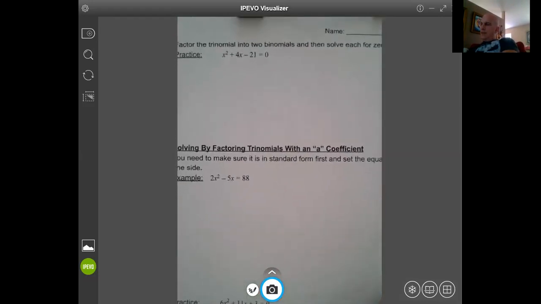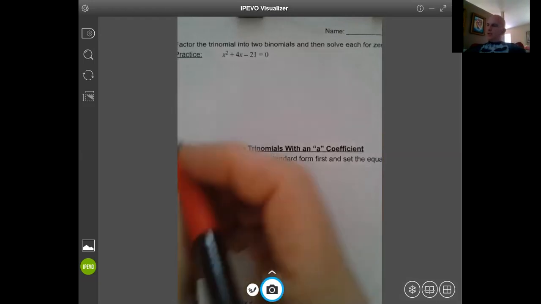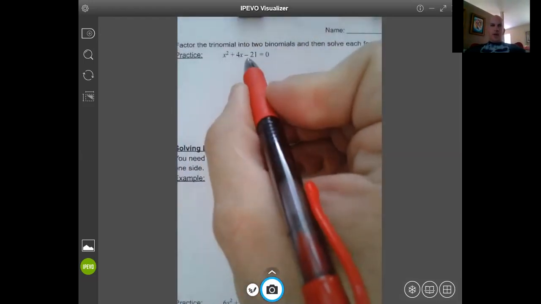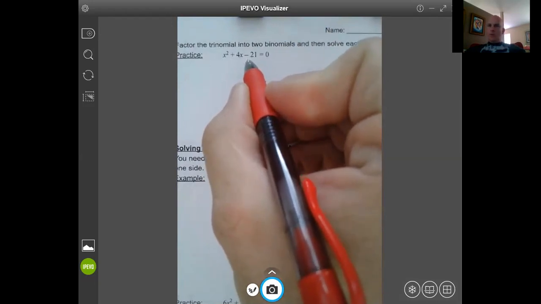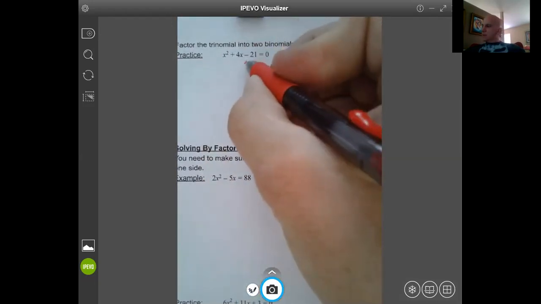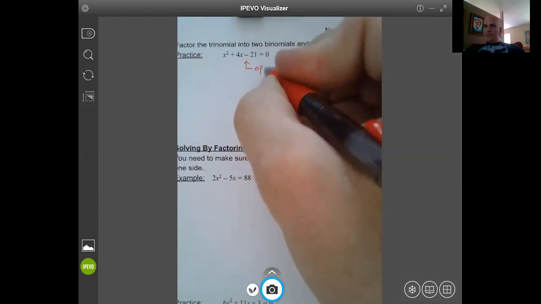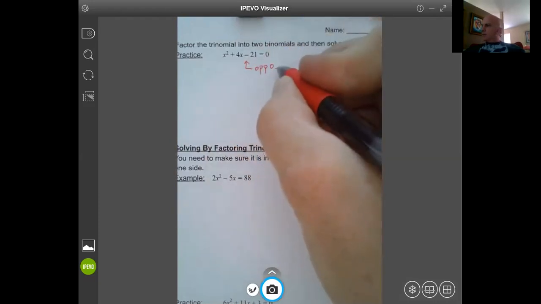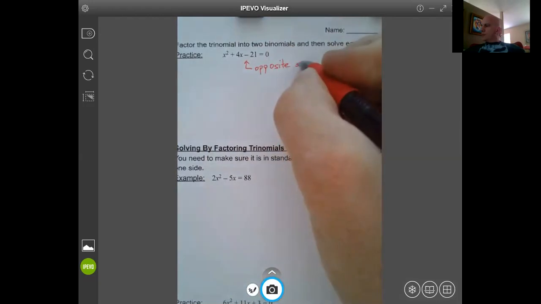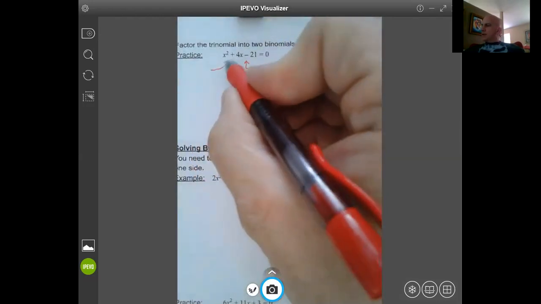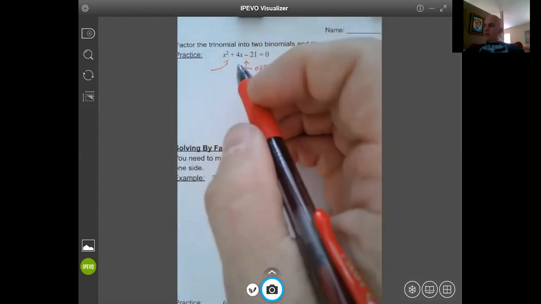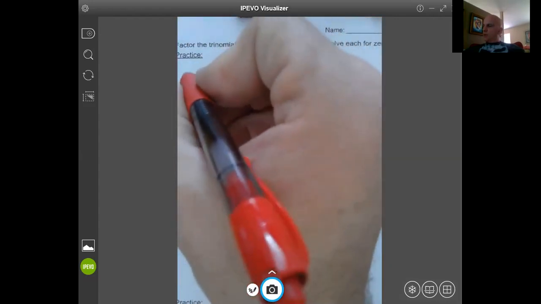For that situation, once again, this sign is a negative. We're looking at the second sign first to tell us what we have. This is going to mean opposite signs. And when we have opposite signs, this sign tells us what the bigger factor's sign will be.